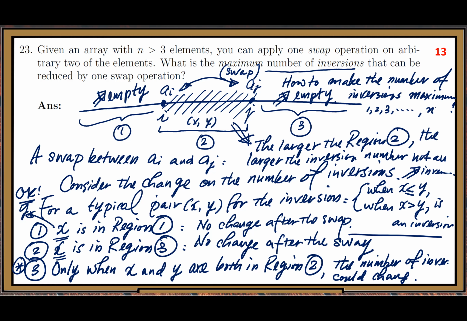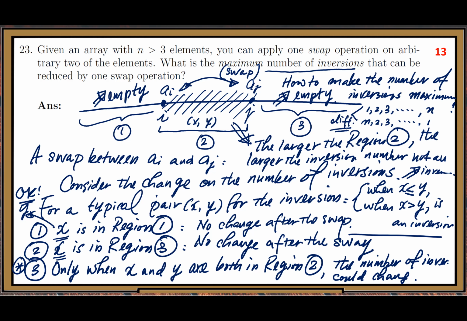Then when you do the swap, think about this case and this case. Count the number of inversions and compare the difference. What is your answer?